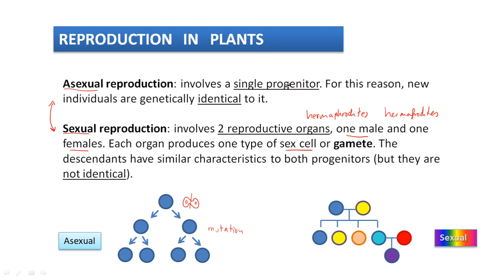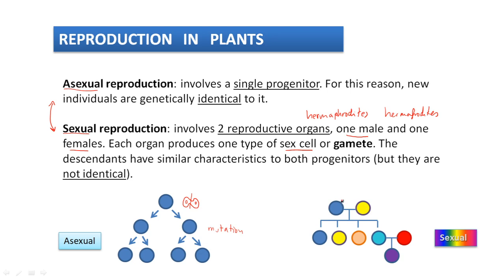Asexual only needs a single progenitor and all the individuals are identical. Sexual reproduction needs two reproductive organs, produces special cells, and the individuals are not identical. They share some genetic information, and they are similar but not identical.